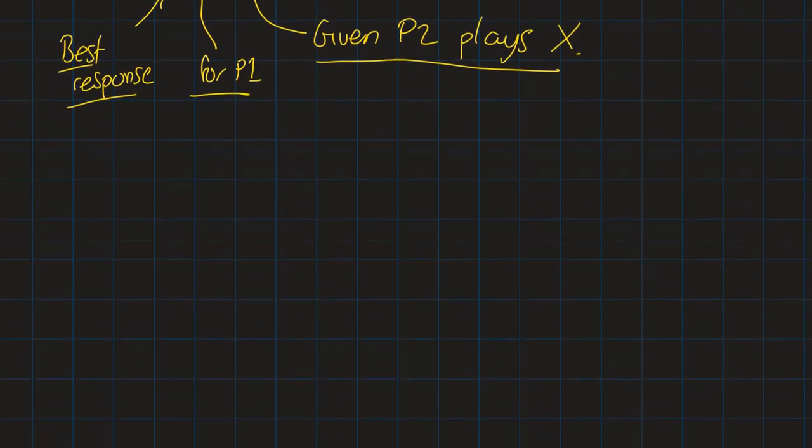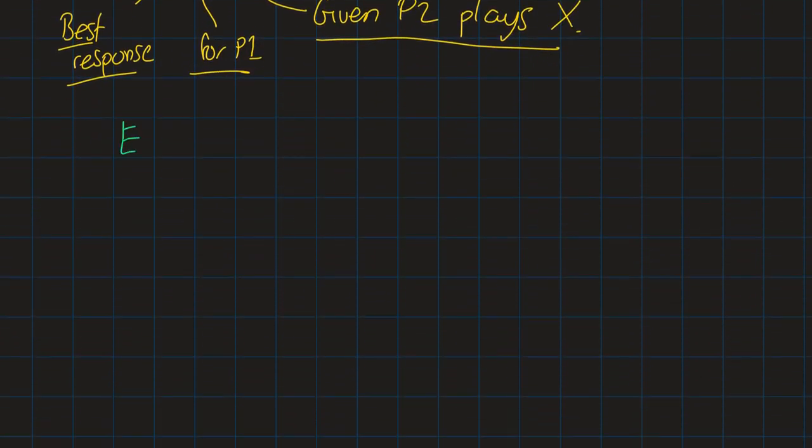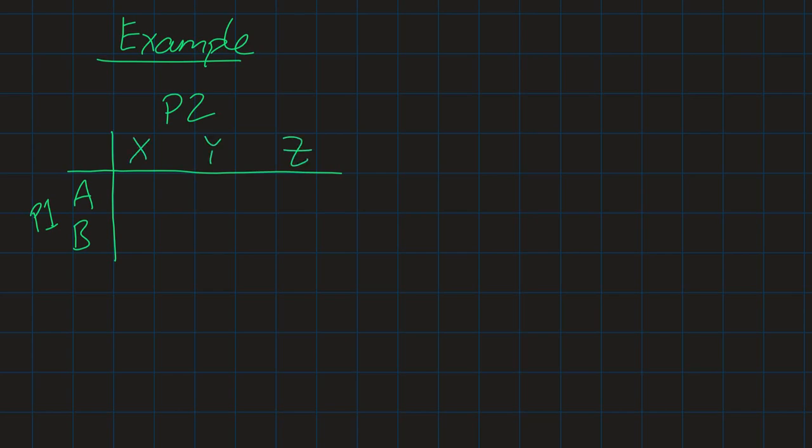So let's do an example. Maybe I'll just make up a game. Player 2 is here, player 1 is here. Maybe player 1 has strategies A and B. Player 2 has strategies X, Y, and Z. And the payoffs are 1, 2, 2, 3, 4, 1, 3, 1, 1, 2, and 2, 0.